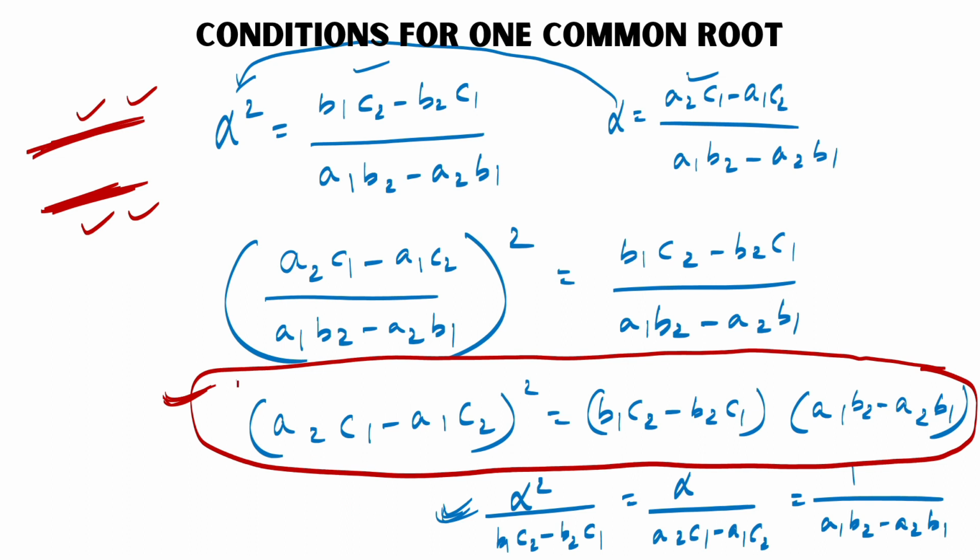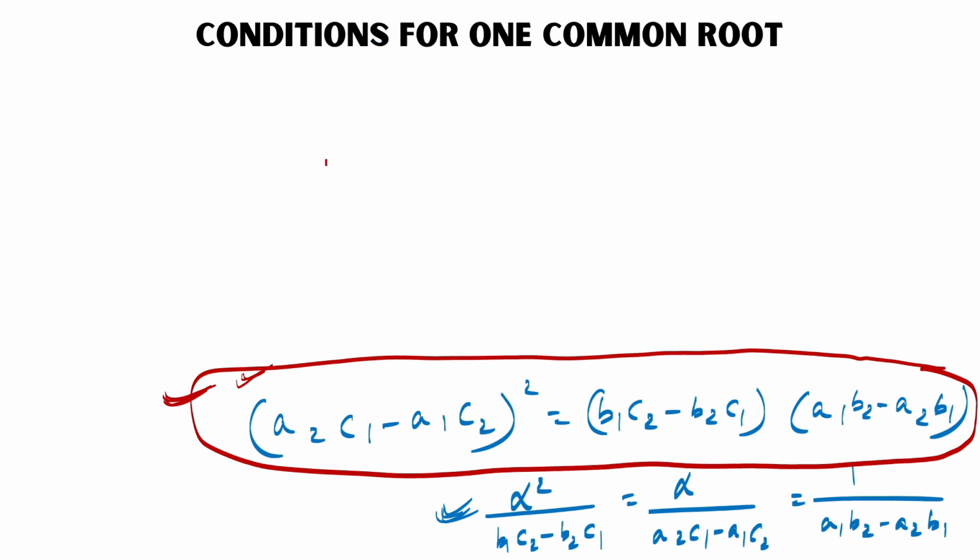So you can remember this, but I will tell you how to remember this. We have a1, a2, b1, b2, c1, c2. Let me write c1, c2 one more time.